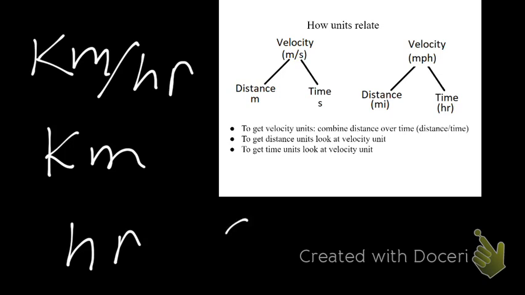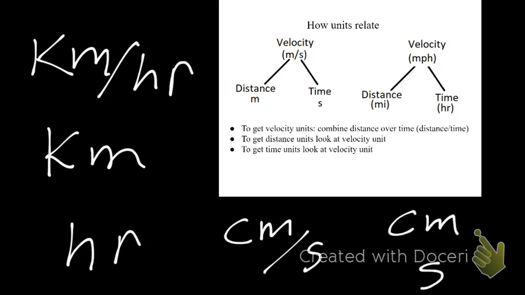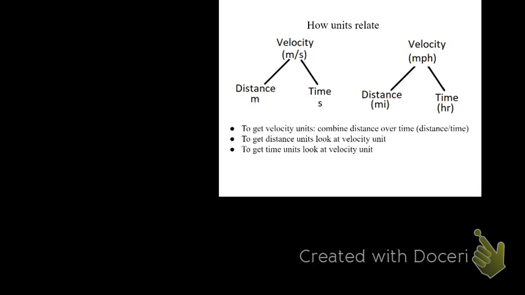Or if you have centimeters per second, you know that your distance is in centimeters and your time is in seconds. So that's how you can grab that information from the units, and then you know exactly what everything's being measured in.